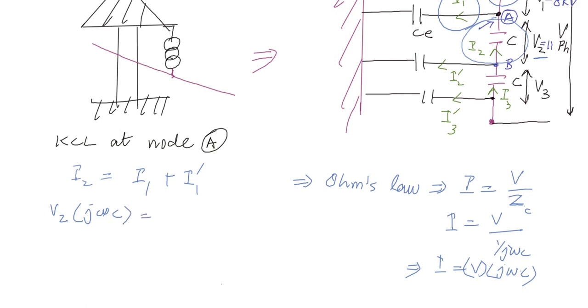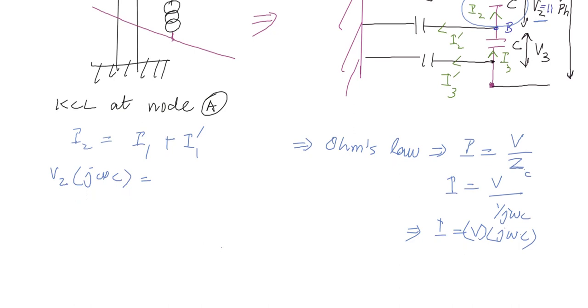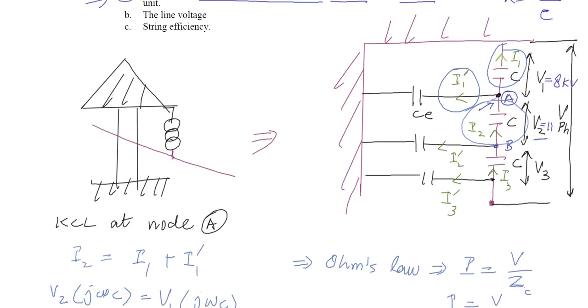And similarly, I1 is the current flowing through the top insulator, and the voltage across the top insulator is V1. So V1 and j omega C. And I1 bar is the current flowing through the top earth capacitance, and the voltage across the top earth capacitance will be equal to V1, because this top earth capacitance is in fact in parallel to the top disk insulator, across which the voltage is V1.